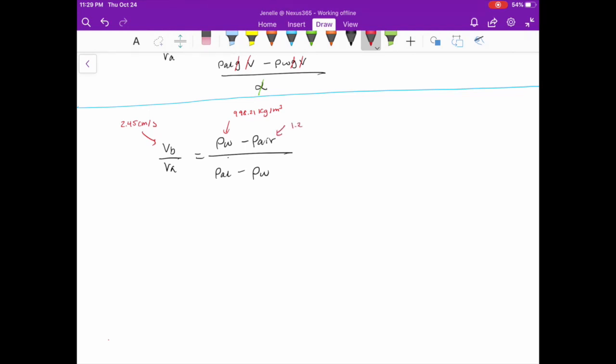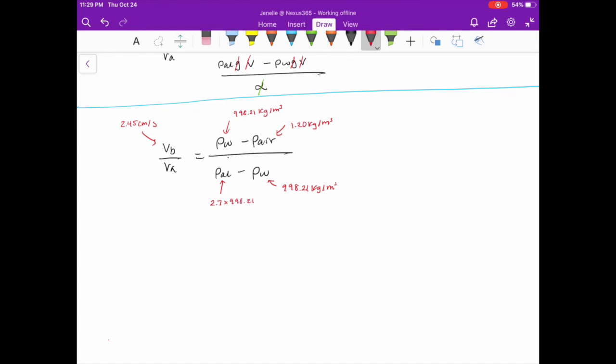We know that the density of air is 1.2 kilograms per meter cubed. We're given that the specific gravity of the aluminum sphere is 2.7. Specific gravity is used to define the density of an object compared to the density of water. So the density of aluminum would just be 2.7 times 998.21 kilograms per meter cubed.